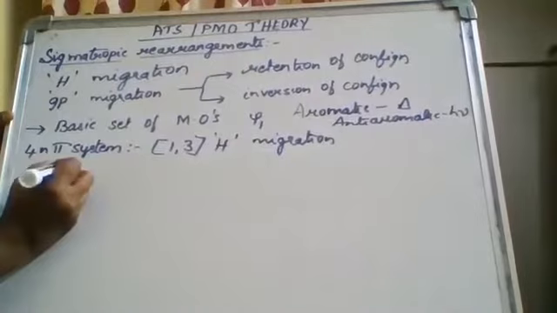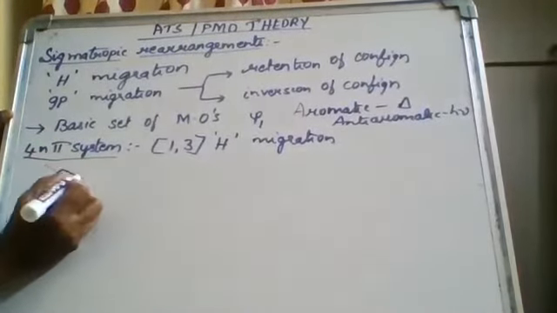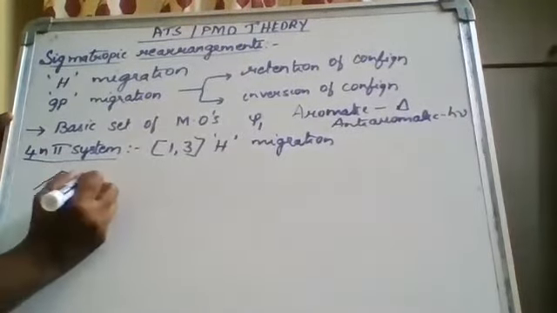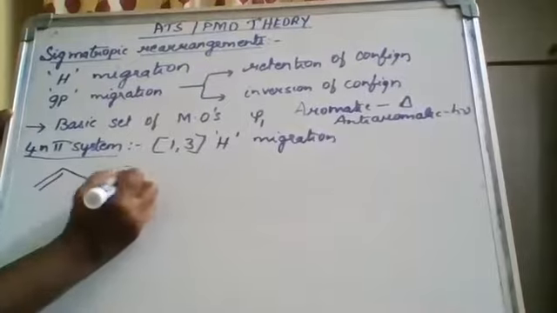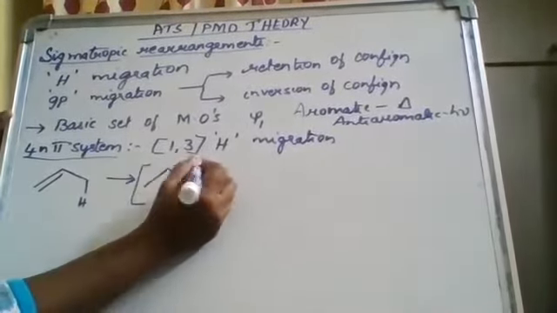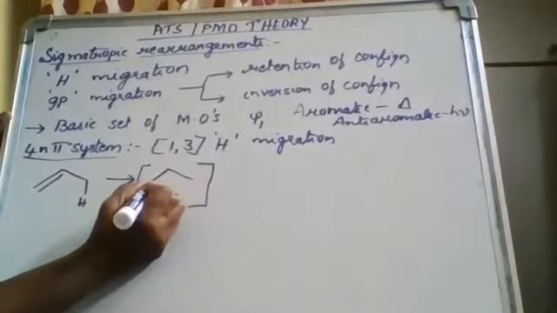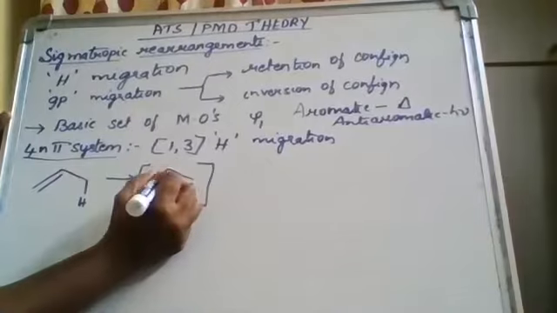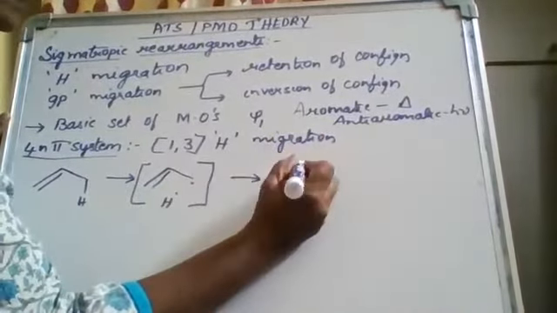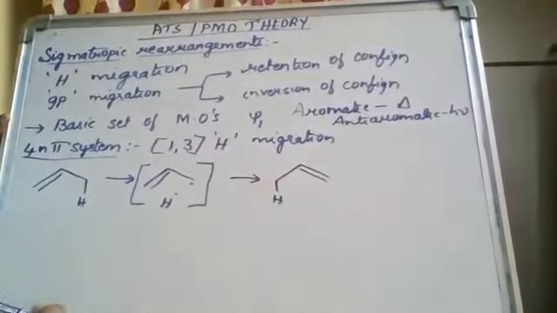Okay, now 4n pi system. This is your pi system. Hydrogen group migration. If this is in the transition state, you have it as a hydrogen free radical and an allylic free radical. Hydrogen migration.